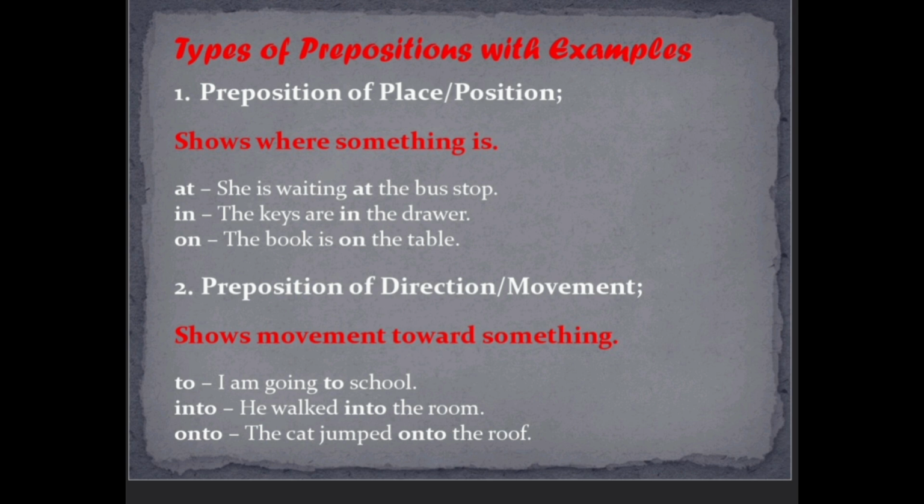Second example, he walked into the room. Okay, the preposition into shows movement from outside to inside the room. See here, from outside he is going into the room. So for that movement, we are using this kind of preposition. See here, one more example. The cat jumped onto the roof. The preposition onto indicates movement towards the surface of the roof.